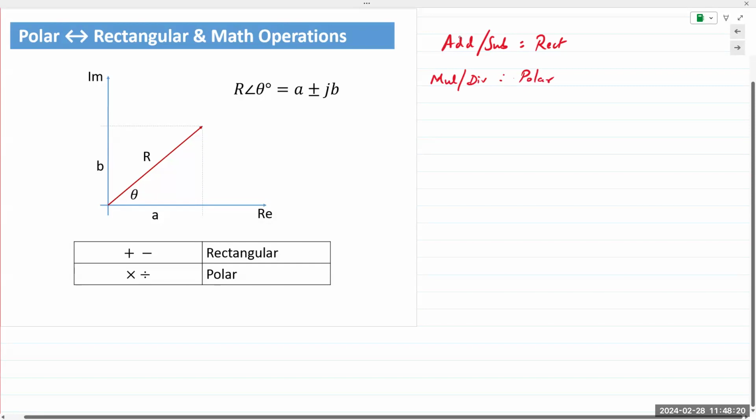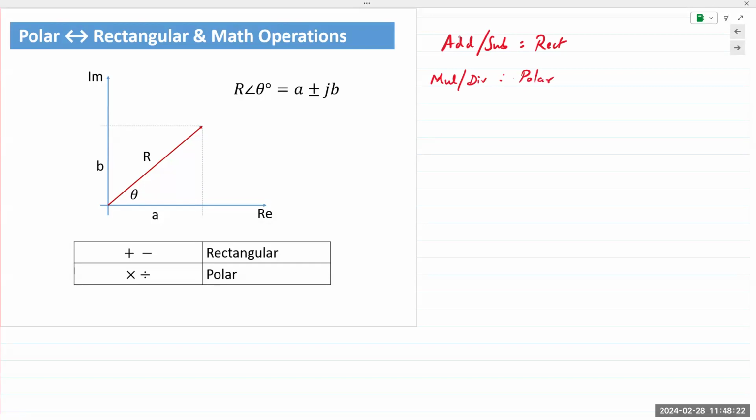They are the same thing. It's just that you have a vector with length and phase angle. The projection of that vector on the x-axis gives you the real number, and the projection of that vector on the imaginary axis gives you the imaginary number. Okay? So it's just a different representation using different coordinates.